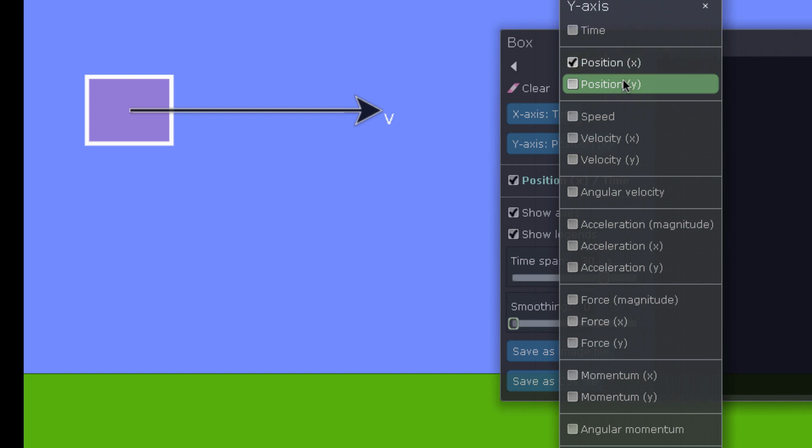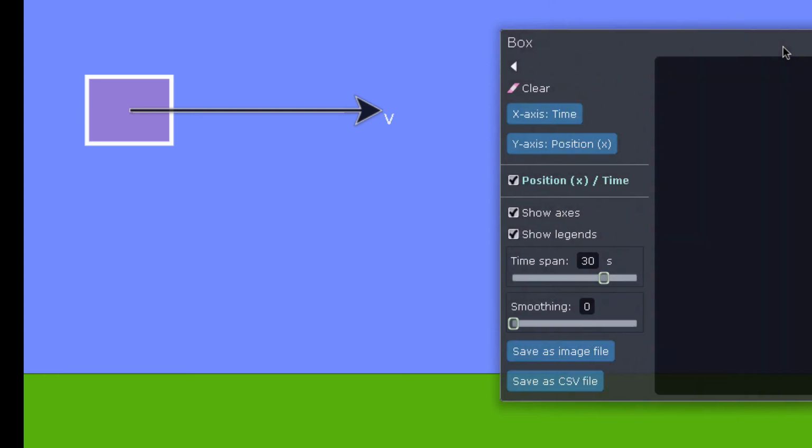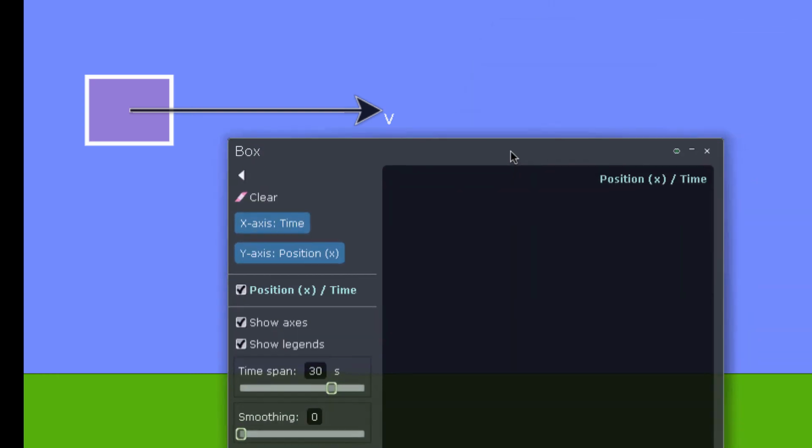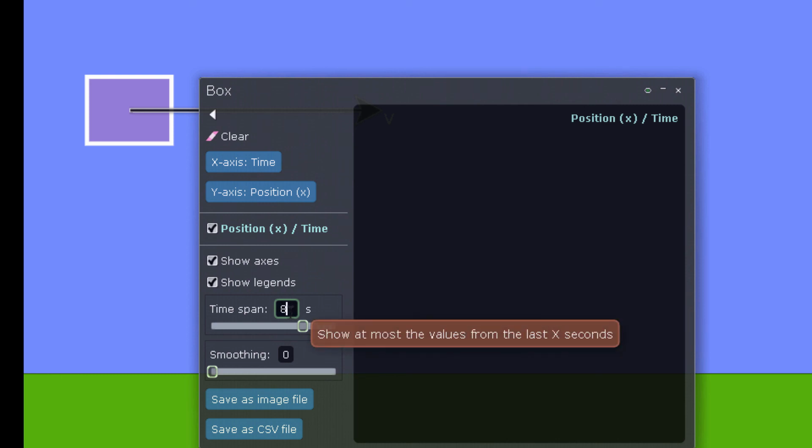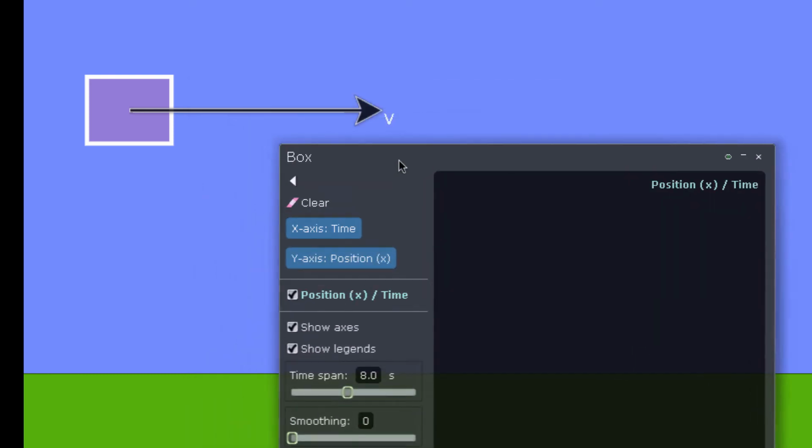I've got two options here. Since I decided this block is going to be moving left and right, that's the x direction. So I'm looking at position. So this is the exact same thing. So this is going to create a graph, and I want this graph to last about 8 seconds.